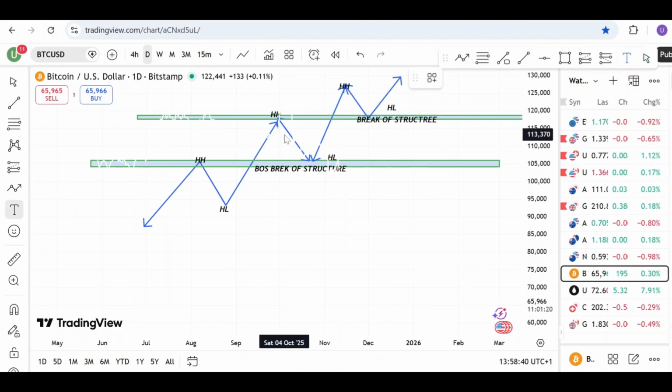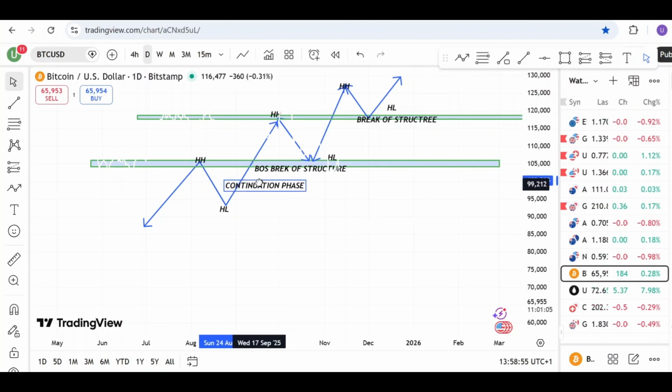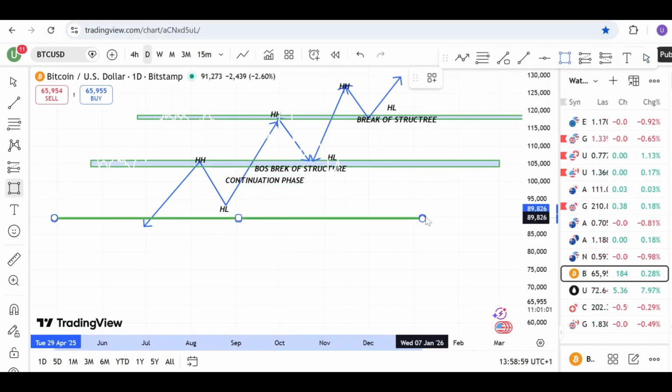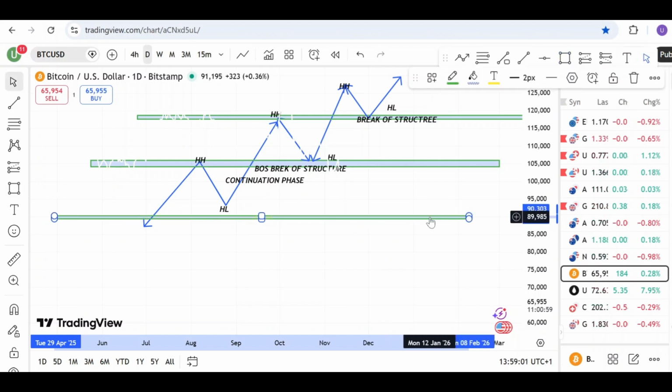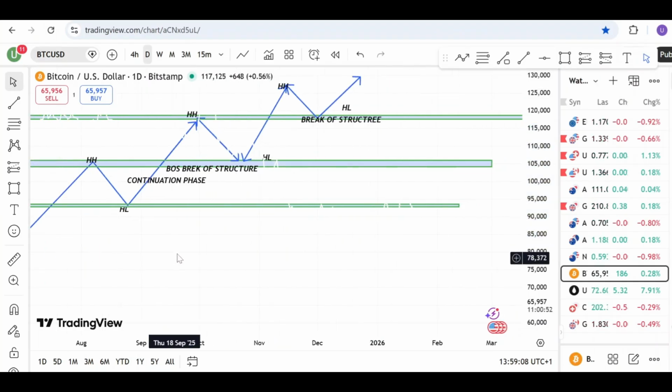Let me try to write here. This is called the continuation phase. This is continuation phase.